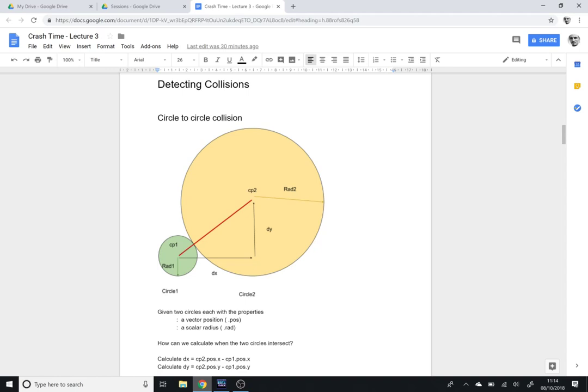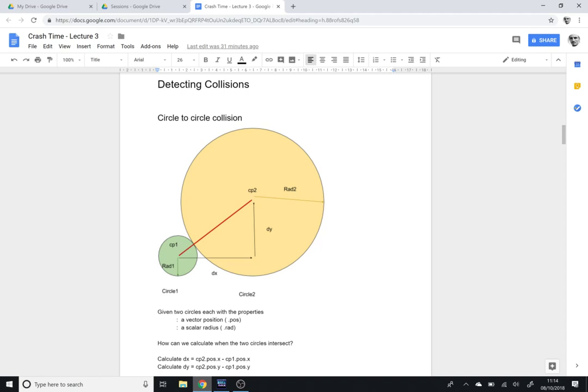So, how do we calculate our dx and our dy? Same principles, right? We have a p1 and a p2. Dx is p1x minus p2x. Same with dy. That gives us a vector. We calculate the magnitude of the vector. How do we know that the circles have overlapped?